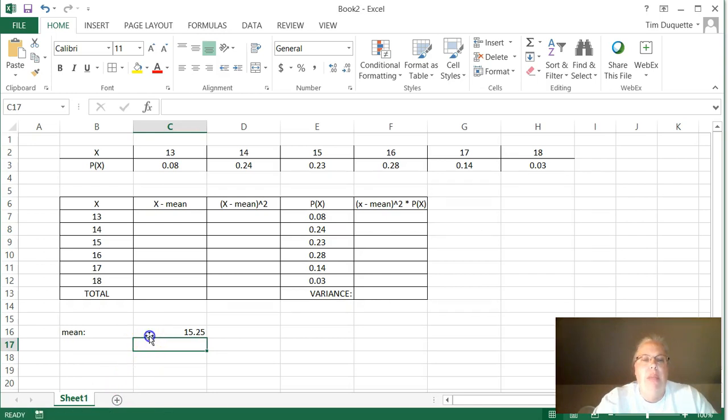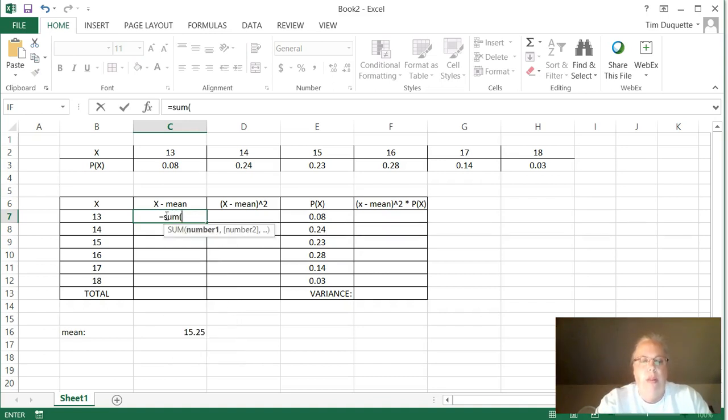Alright, so now that I have the mean, I need to come in here in this column. This is my x minus the mean. So what I'm going to do is take B7. Actually, I should probably do an equals sum on this. Equals sum B7, and I'm also going to add to it C16.